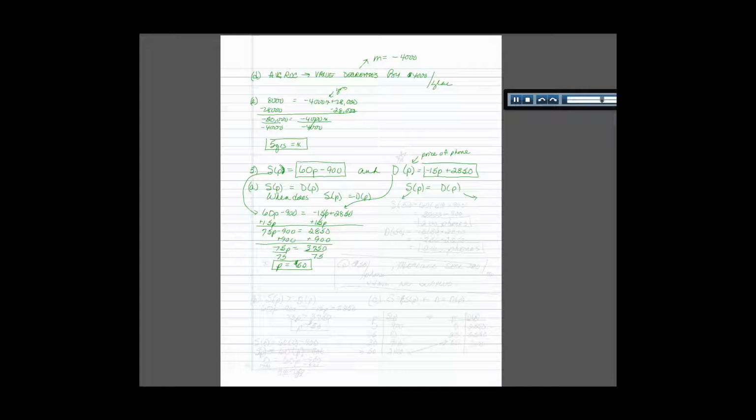So let's do S of P. We know that P is 50, so S of 50, and we go back to our equation, equals 60 times our 50 minus 900, or 3,000 minus 900, which is 2,100 phones.